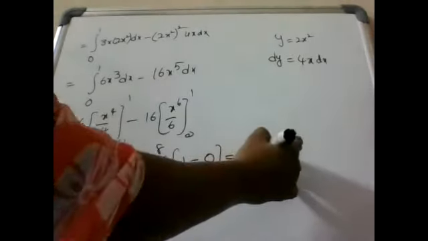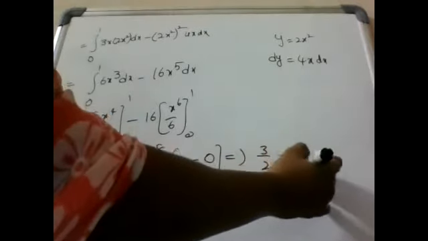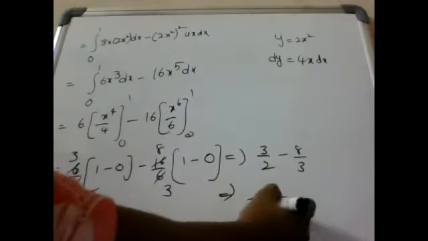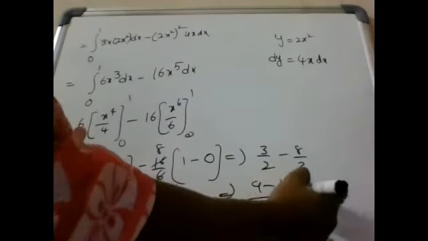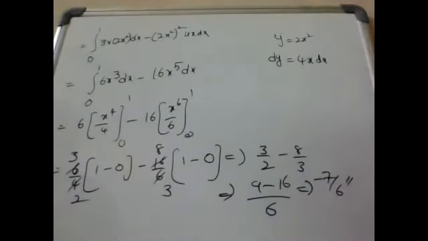Here 3 by 2 minus 8 by 3. So 9 minus 16 gives minus 7 by 6. This is the answer: minus 7 by 6.